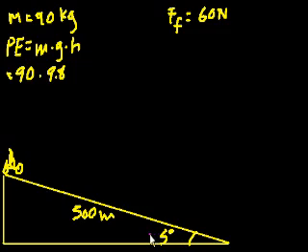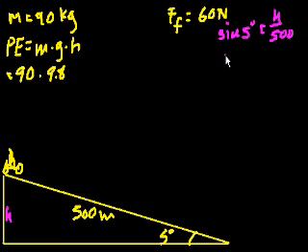So the sine of this angle is equal to opposite over hypotenuse. So, SOH. Sine is opposite over hypotenuse. So we know that the height, let me do a little work here. We know that sine of 5 degrees is equal to the height over 500. Or that the height is equal to 500 sine of 5 degrees.